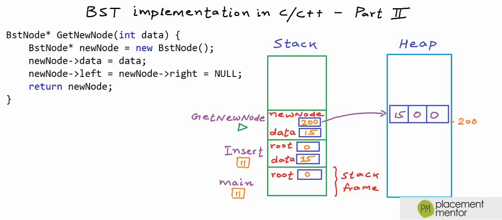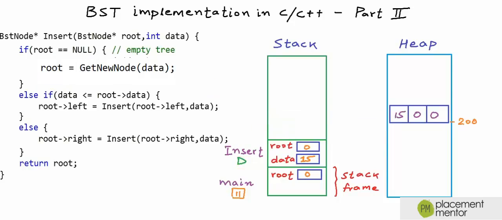And now get new node will return the address of new node and finish its execution. Whenever a function call finishes, the stack frame allocated to it is reclaimed. Call to insert function will resume at this line, and the return of get new node, address 200, will be set in this root, which is local variable for insert call.